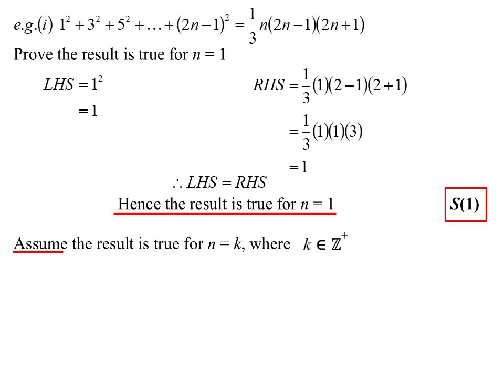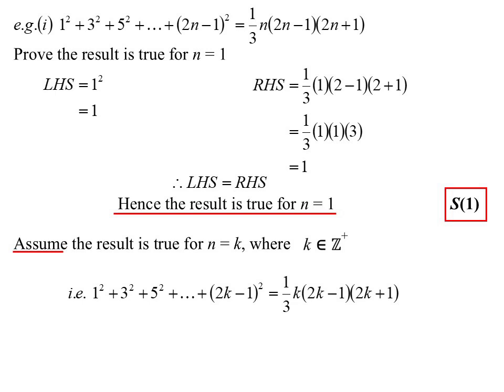So I'm going to assume it's true for n equals k, where k is a positive integer. It's really important to define k, because that might be useful in your proof for some of them. The fact that it's an integer might be important for your solution. It might not be, but you basically just match what it is you're trying to prove. So I've essentially written the same thing down, but instead of n, I'm using k.